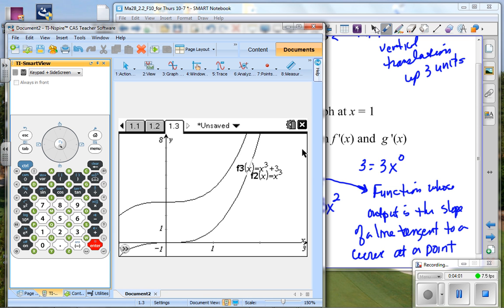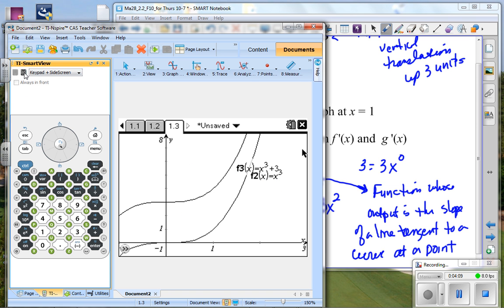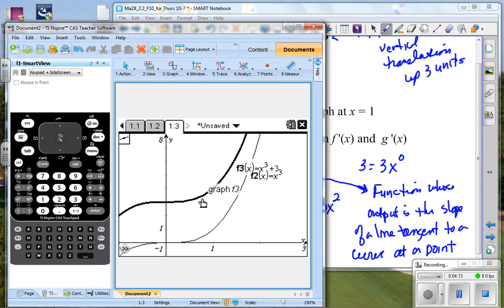We want to determine the derivatives at x equal 1. So let's place a point on each curve. There we go.